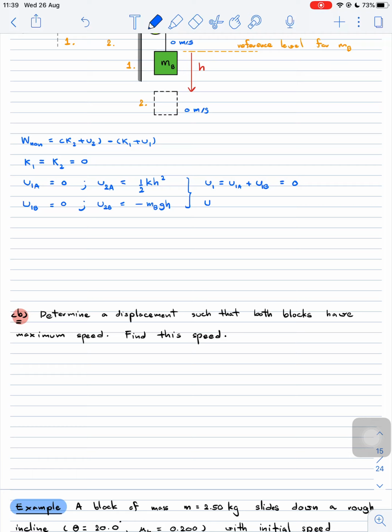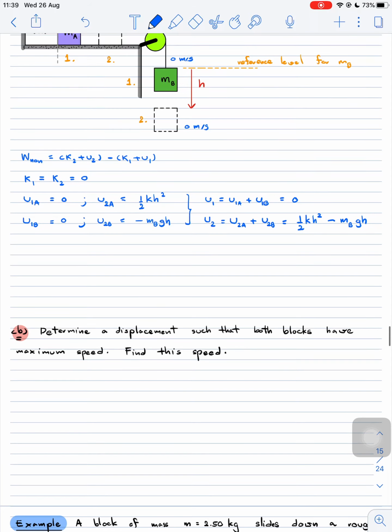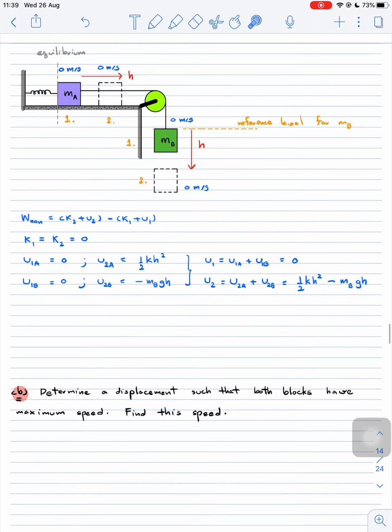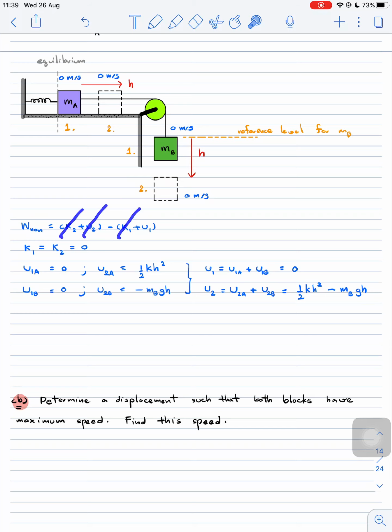But now for U2, it equals U2A plus U2B, equal to 1/2 K H squared minus MB times G times H. So that's going to be the initial and the final potential of the system. Okay, so we have these already.